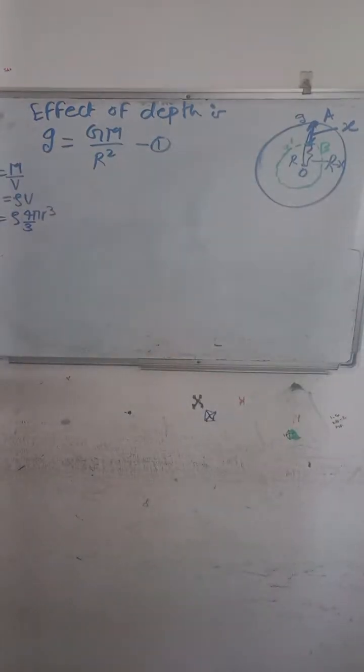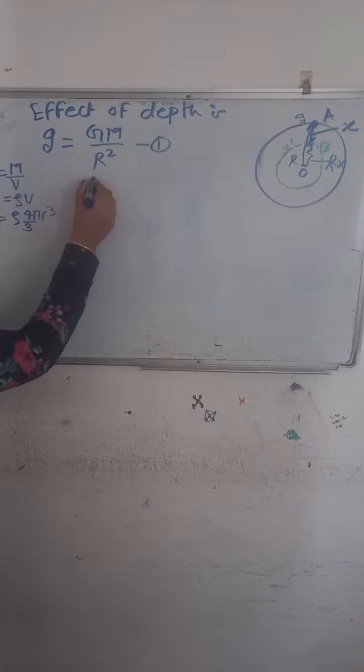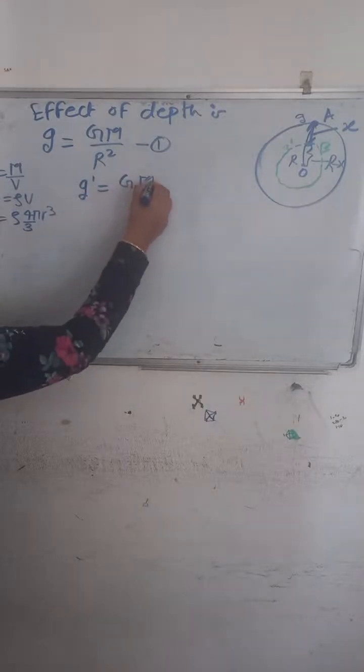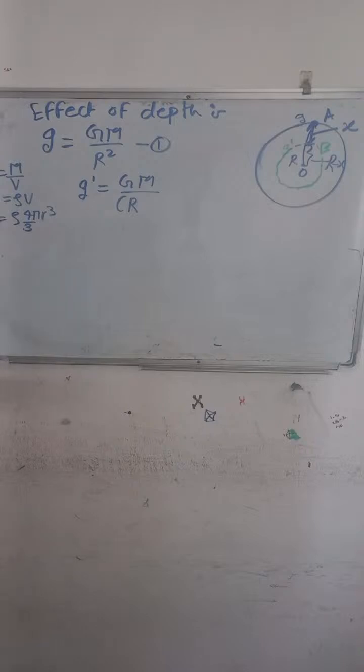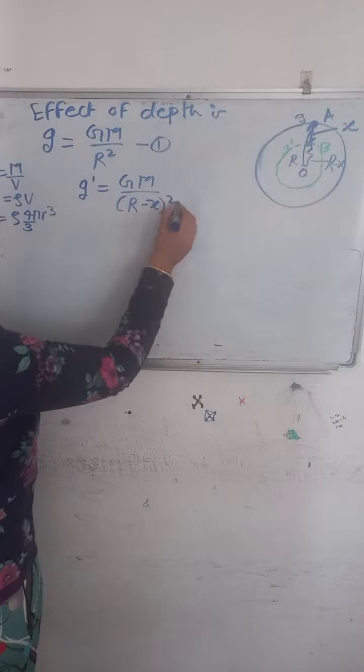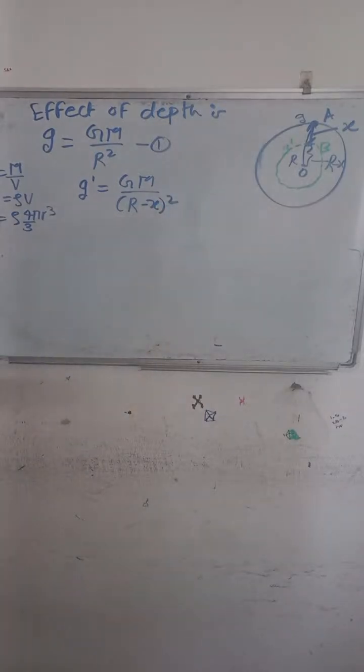At point B we have acceleration due to gravity g dash. So g dash is nothing but GM upon the distance from the center to point B, which is (R minus x) whole square.